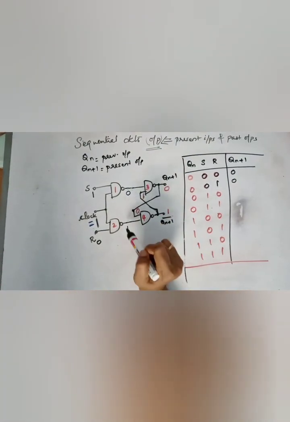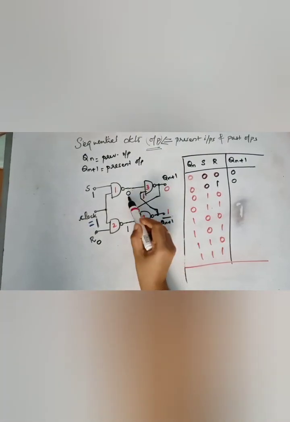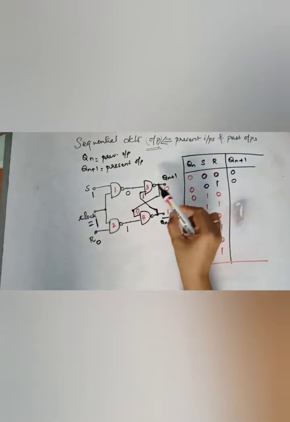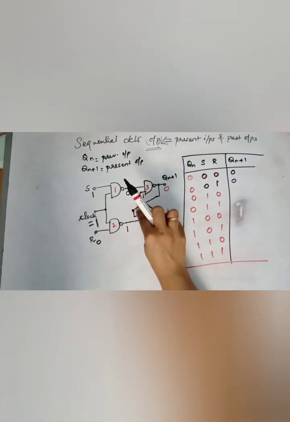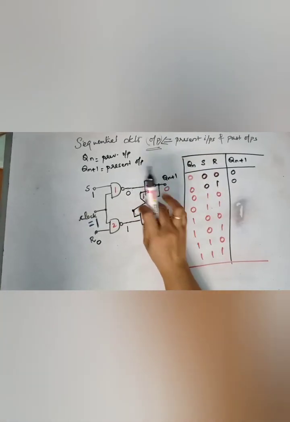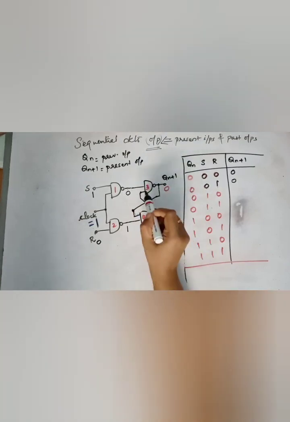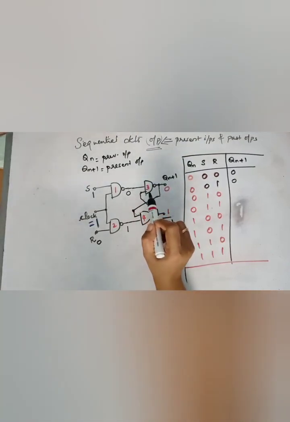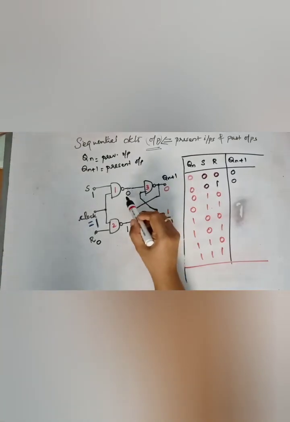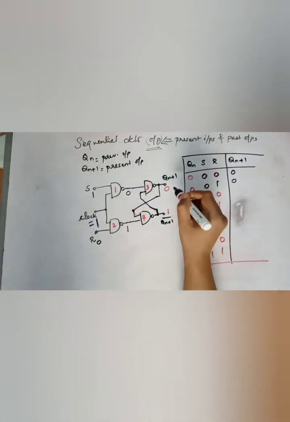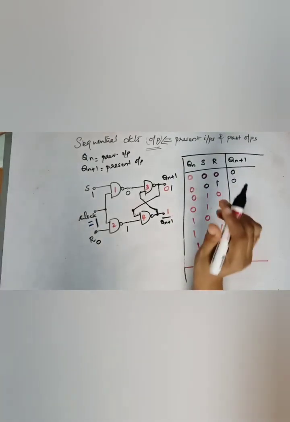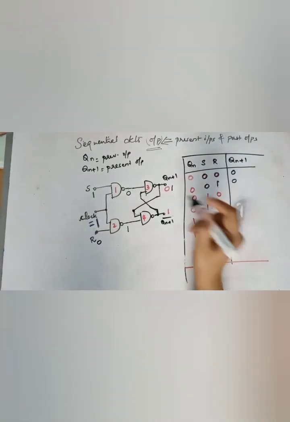So in these two cases, one of the inputs has a 0. In NAND gate 3, one of the inputs is 0. So you can say that the present output is 1.